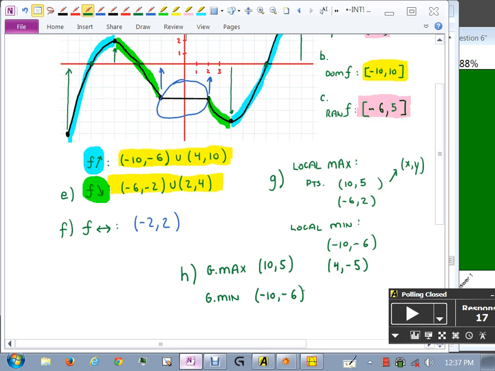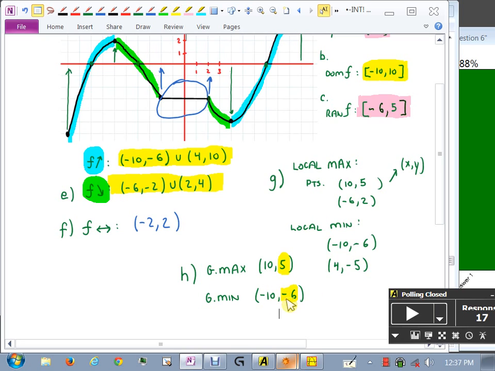Now, if somebody asks you for the global maximum of the function, having the point is acceptable to me, all right? But when you talk about global max, you're actually asking what's the highest value it ever takes on, which would be 5. So if you just put 5 here, that would be okay. But I prefer you just put the point.